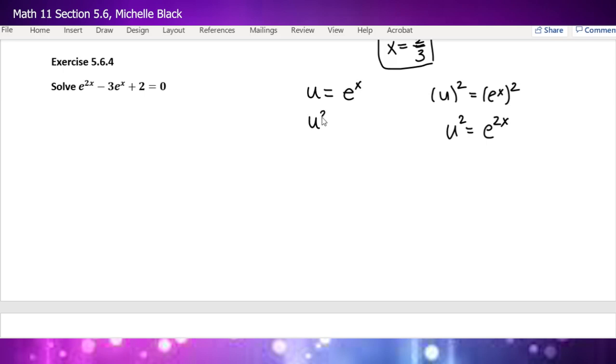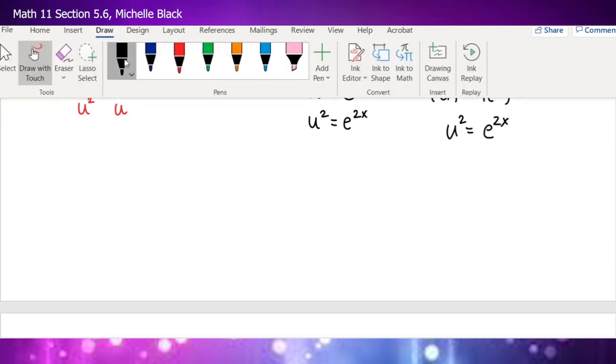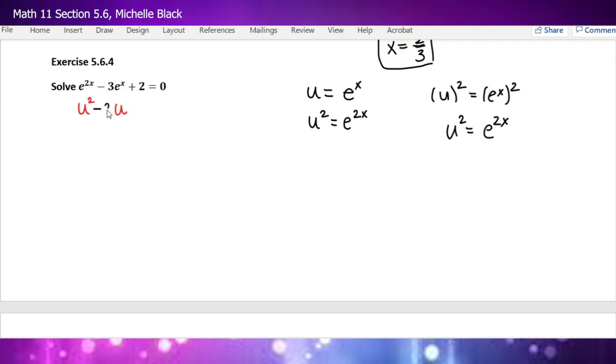So I see that u squared will be e to the 2x, and lucky for us, that's exactly what I have here. So I can go substitute in u squared for e to the 2x and u for e to the x, and I can leave everything else the way it was. And now it just looks quadratic, which we know how to solve. We just need to factor this.